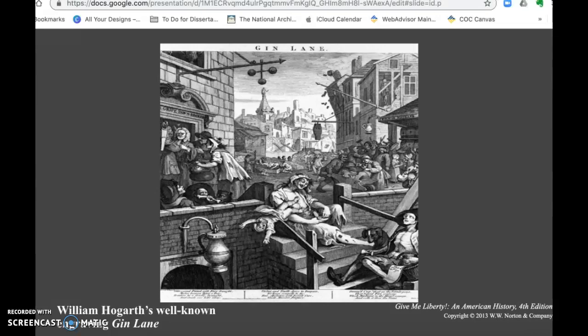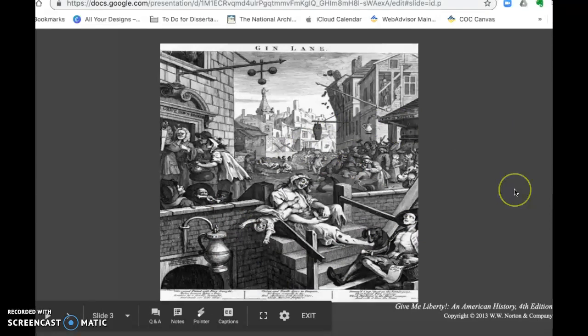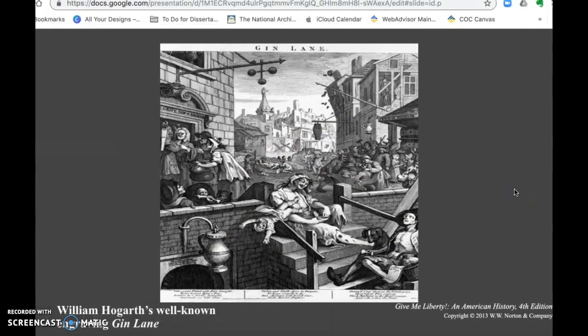Obviously, we hope that we're not going to ever see a mother tossing her baby over a stairwell out of despair or, frankly, just out of discard, right? What does this picture tell us? What is this artist trying to represent that's going on in England during this period that may give motivation to an immigration of Europeans, in this case English citizens, to travel to the New World?